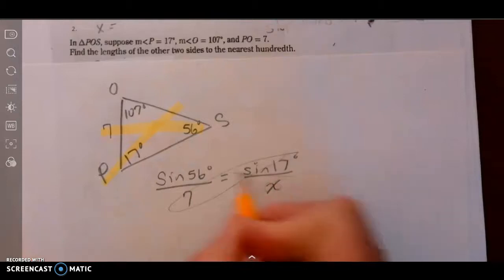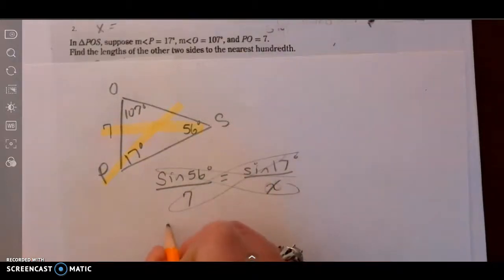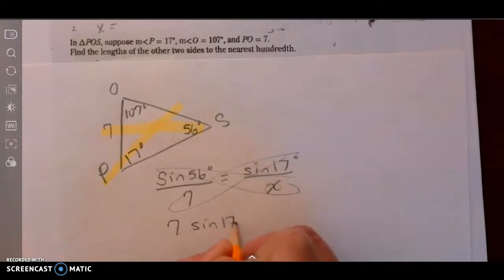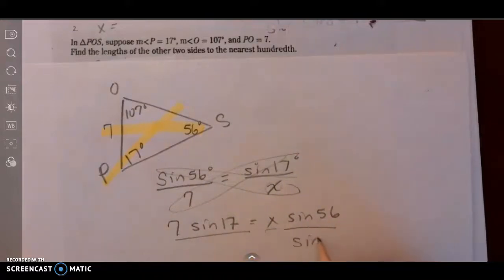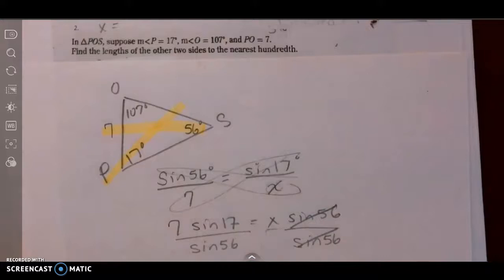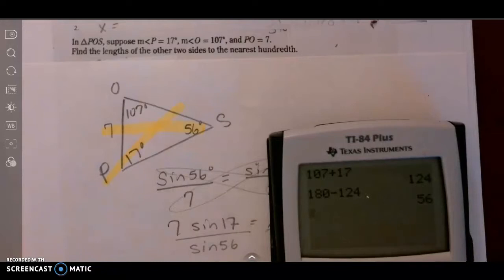So I'm going to cross multiply, and I get 7 times the sine of 17 equals X times the sine of 56. Trying to solve for X, so I'm going to divide both sides by the sine of 56. And I get that X equals, let's put this into my calculator, 7 times the sine of 17 divided by the sine of 56.